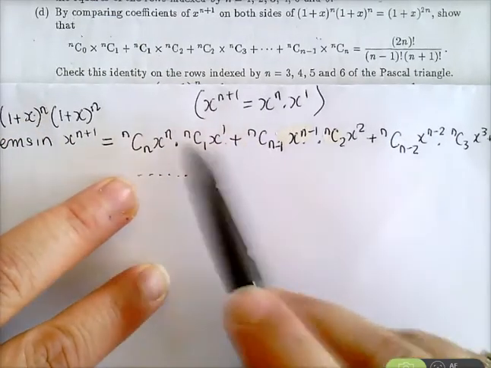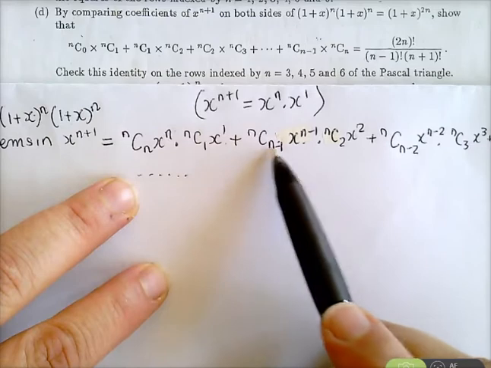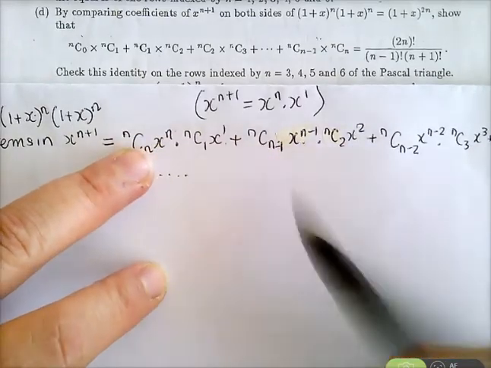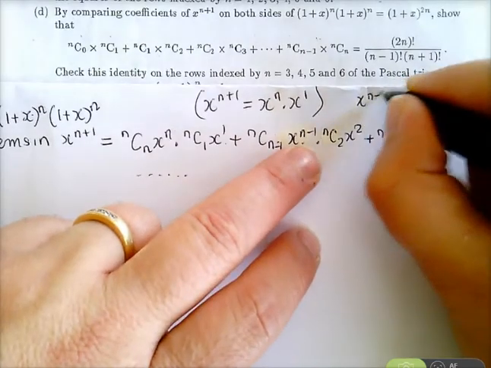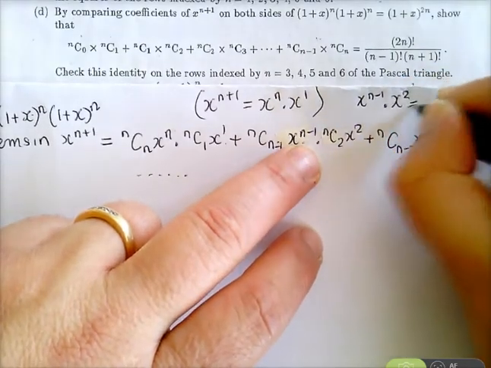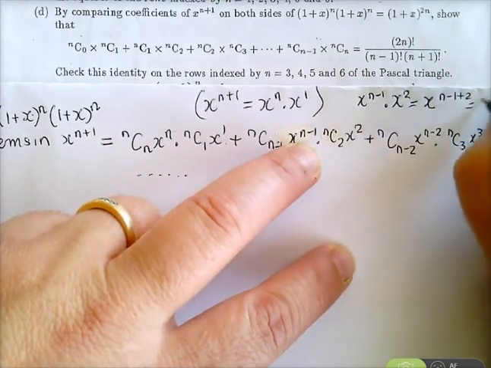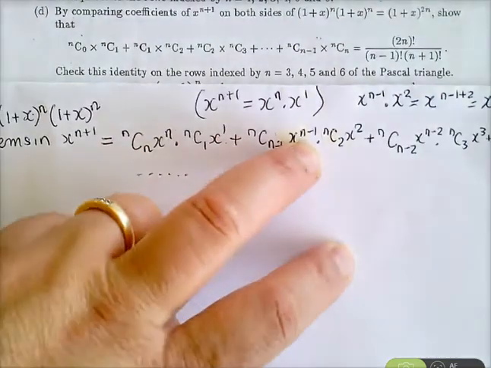Then it would be 1 less than n here, so nC(n minus 1) x to the n minus 1 times the x squared term here. Because x to the n minus 1 times x squared gives x to the n minus 1 plus 2, which is x to the n plus 1.